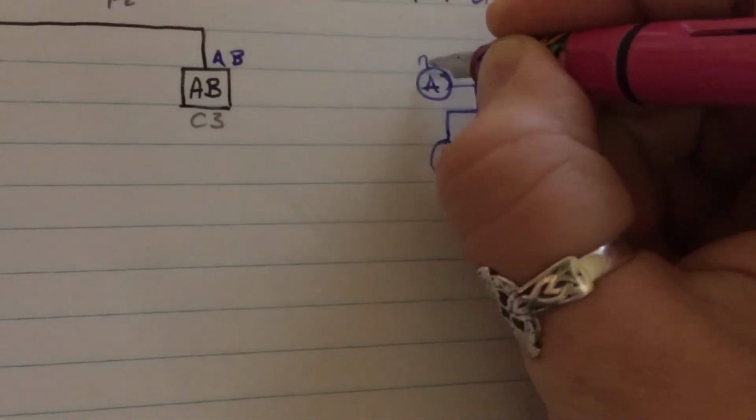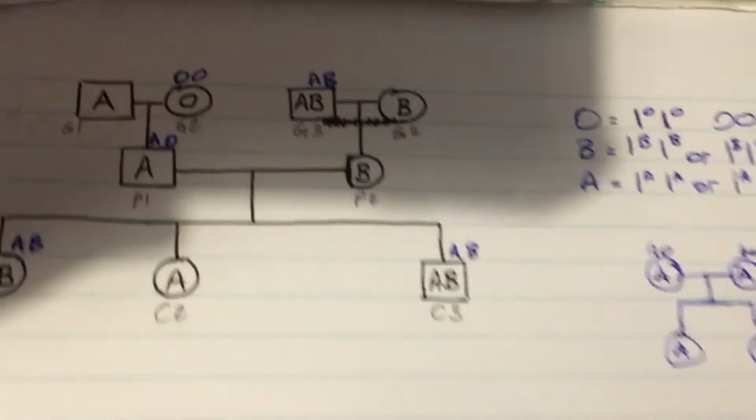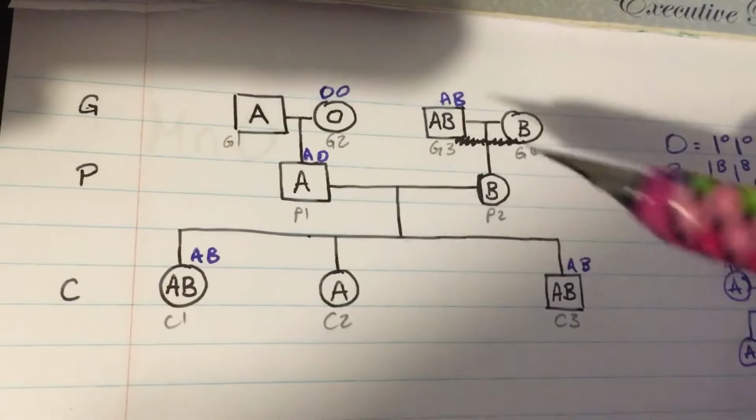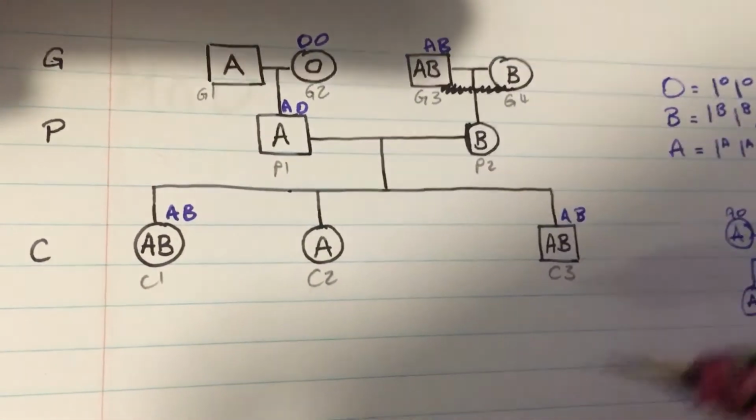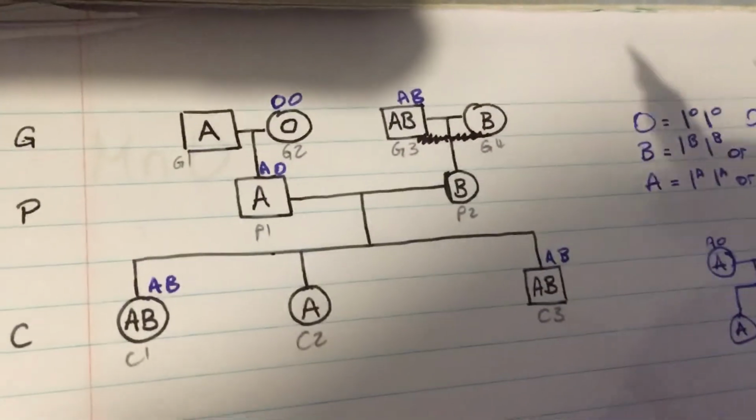So both parents must be heterozygotes. So as you can see, you can recognise heterozygotes by looking at the parents and the offspring and finding any recessives.